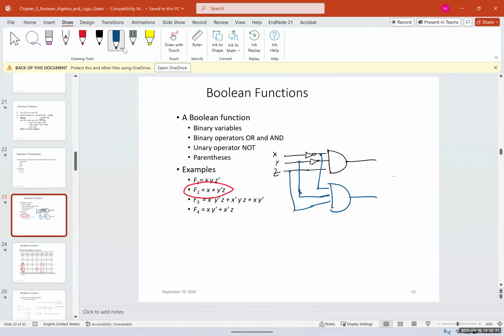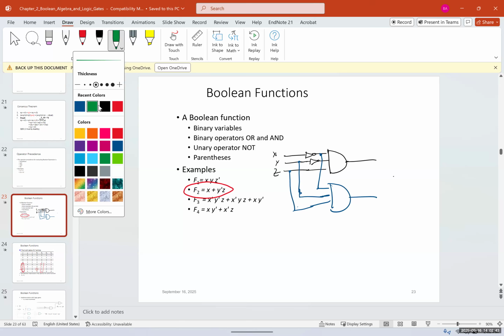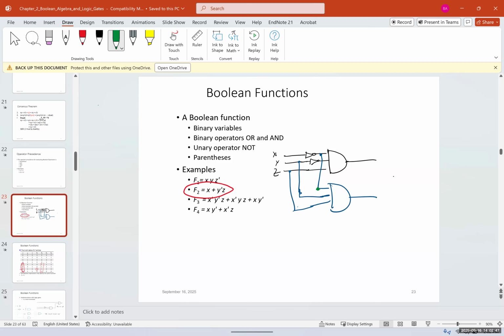And I'm going to do the last one with the green color. It's X prime Y. So again, I could connect this to an X prime. I'm sorry, it's X, Y prime. So connect to an X and connect it to Y prime. And both of these are connected to another AND gate.